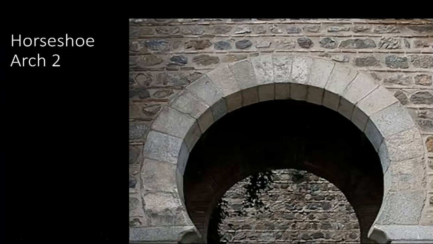And this one's a little bit bigger. And another thing you'll see is that for the most part, these horseshoe arches tend to be a little bit more standalone than the Roman arches tend to be. So they get a nice big round opening, which can be very impressive.